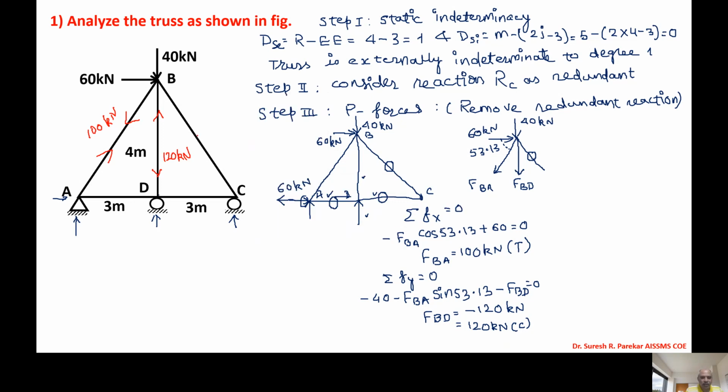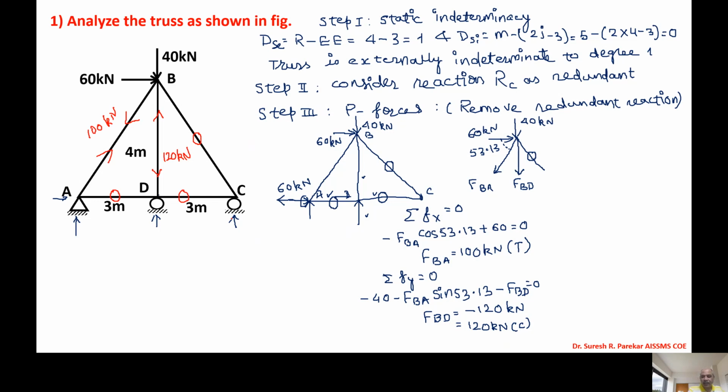So we have this also 0. By taking C as redundant, we are going to get 3 members 0, and therefore we have considered C as redundant. So now we have these as P values.